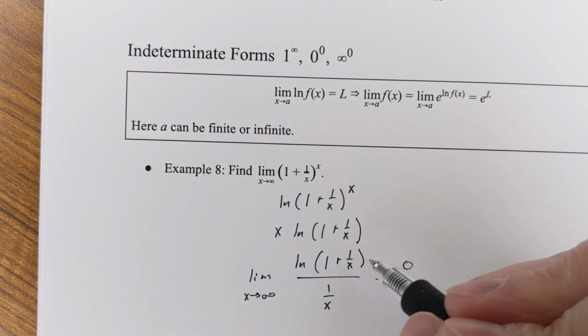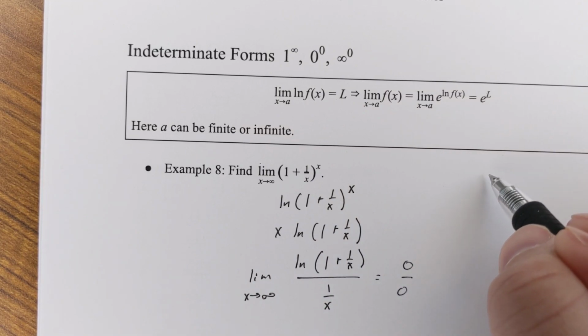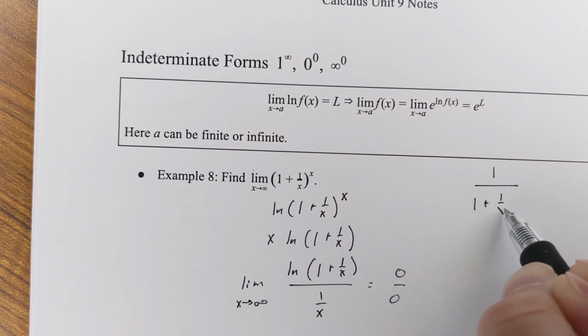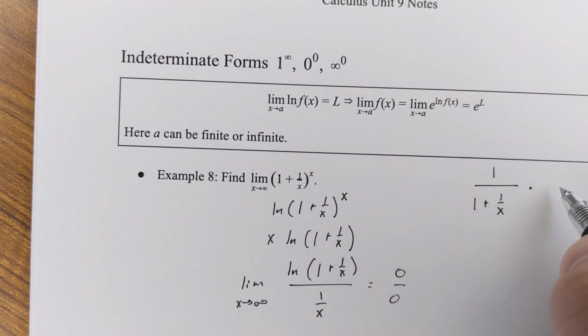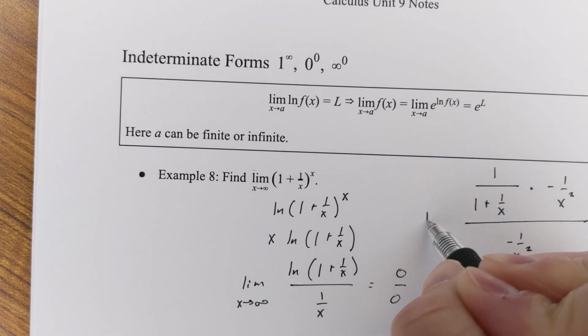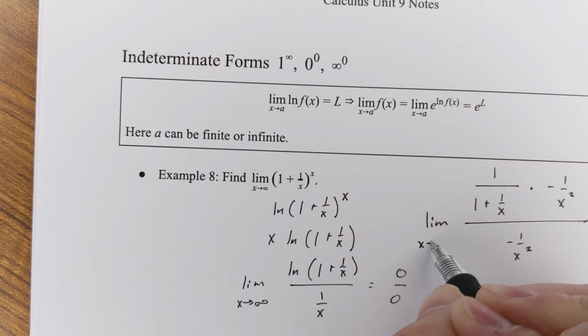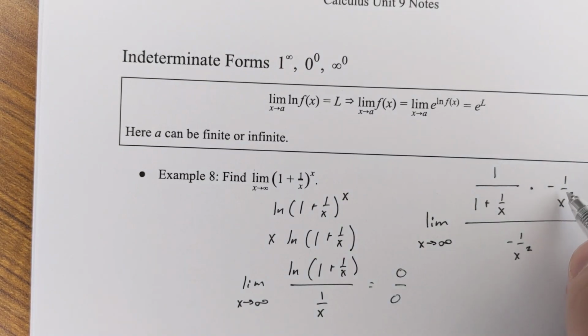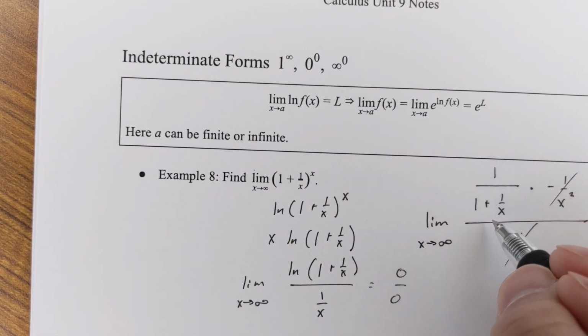So the derivative of the top: natural log is 1 over 1 plus whatever's inside the log, times the derivative of what's inside the log, all over the derivative of the bottom. So we get this. Now if you notice, these guys can cancel, so I just have to worry about this.